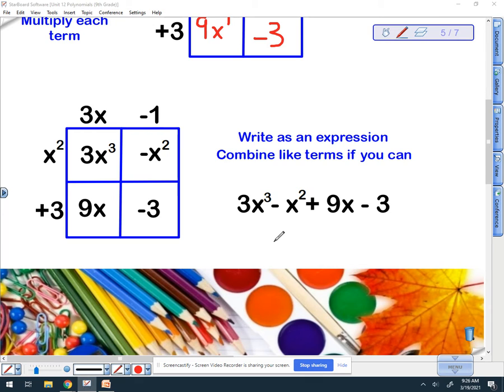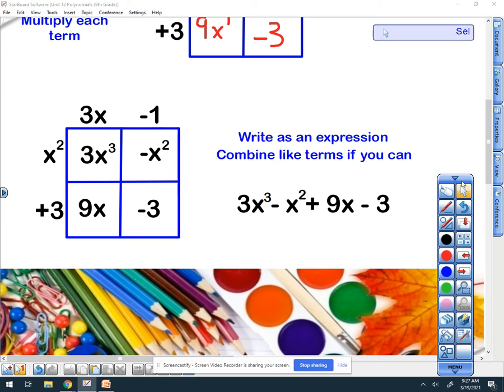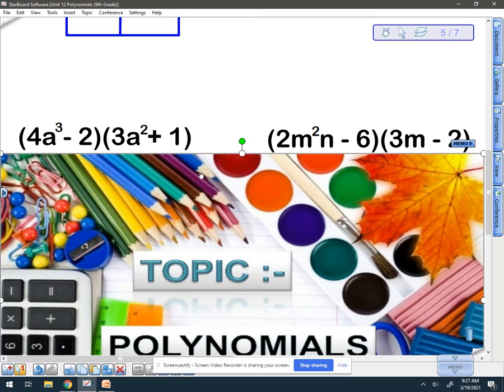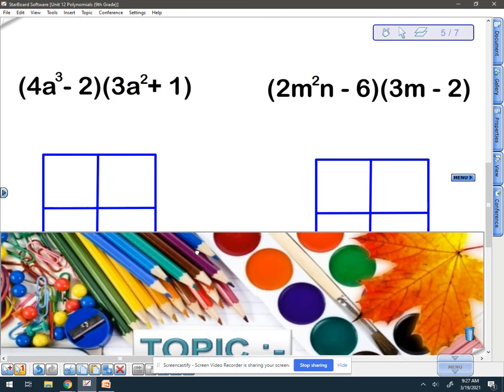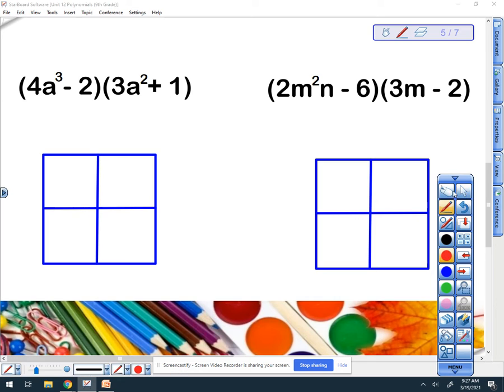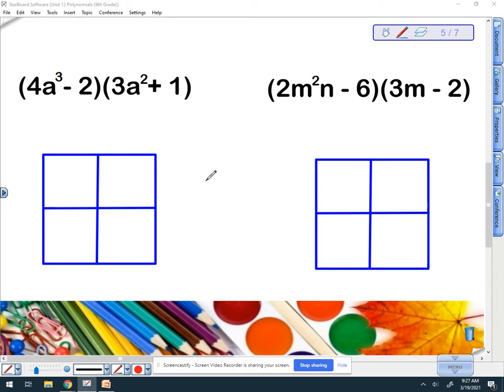All right, so let's look at another one. I've got two of them here to look at, and we'll do these examples on here. So let's take a look. I've got a binomial times a binomial, so break it apart. Let's look at the first one.